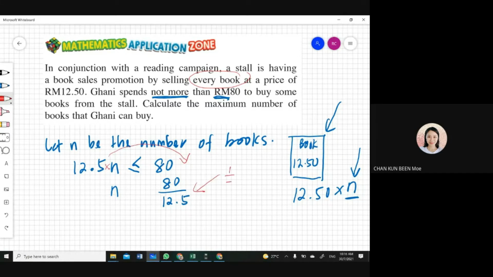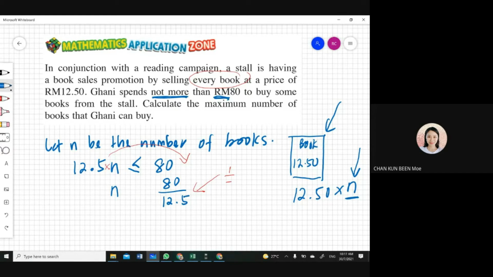When you divide, you got to notice over here, is it a positive number or a negative number? Positive. If it is positive, do we need to change the sign here? No need. Very good. You still remember. We don't have to change the sign unless it is a negative number. Only then you change the sign.